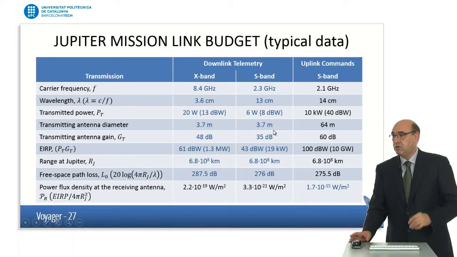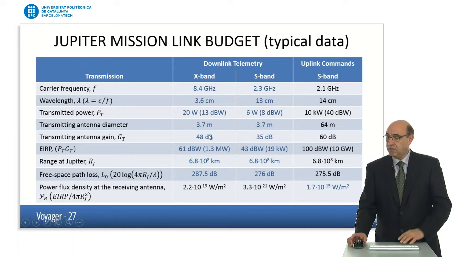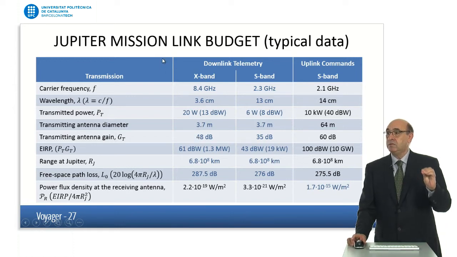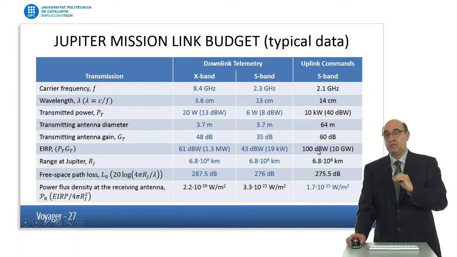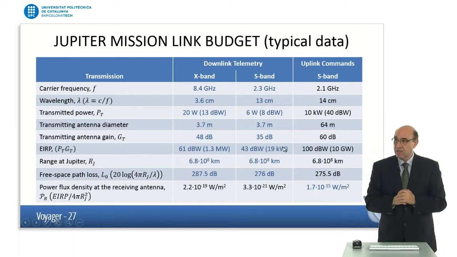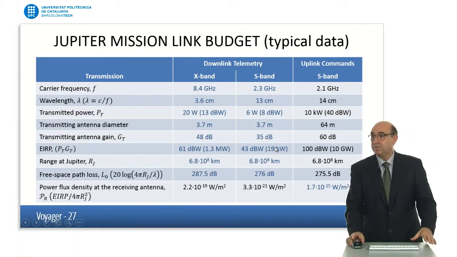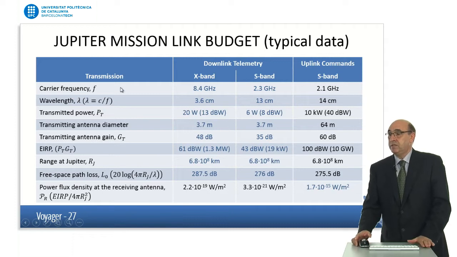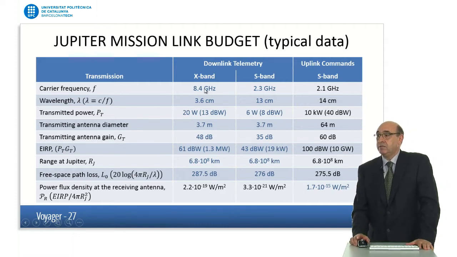There's a color code in this image. We use blue for the data that is related to the spacecraft, to the probe, and black for the data that is related to the ground station on Earth. So this is just the code for the colors. So let's start briefly. On the first line, we have the carrier frequency, 8.4, 2.3, 2.1.